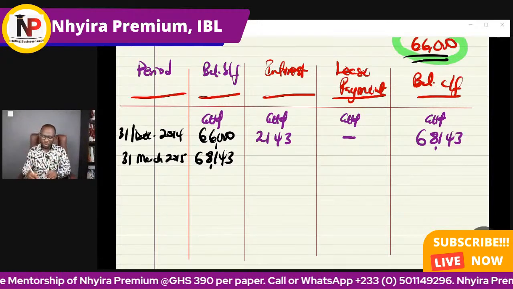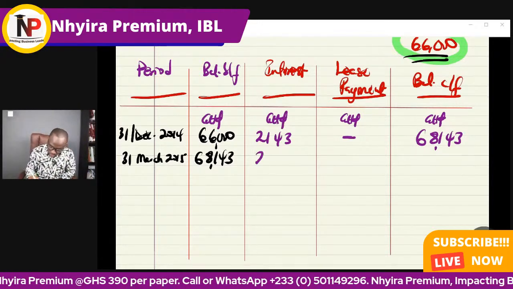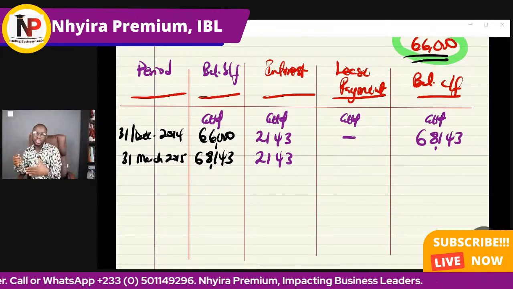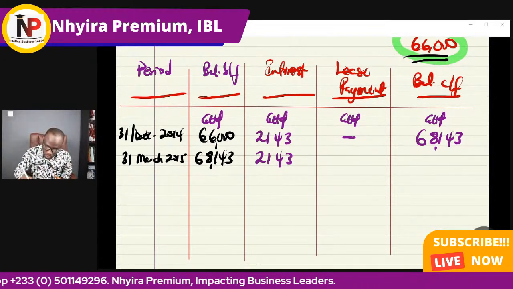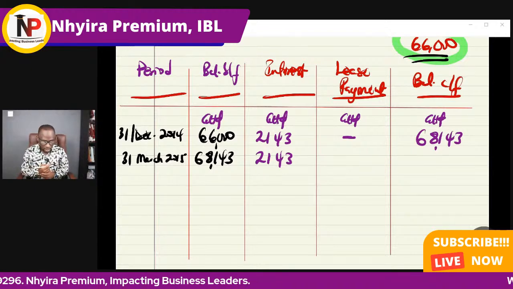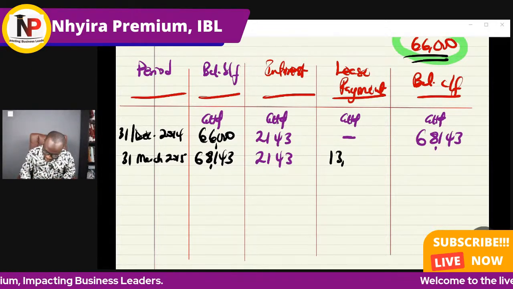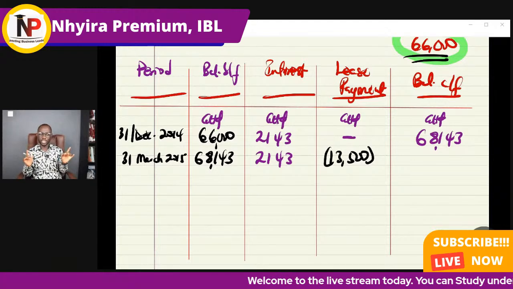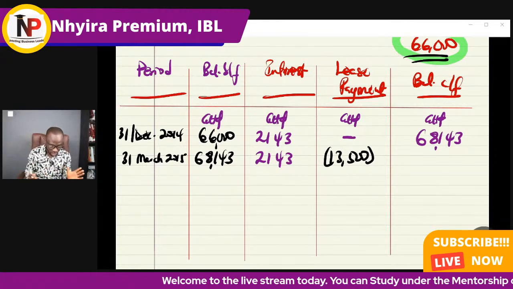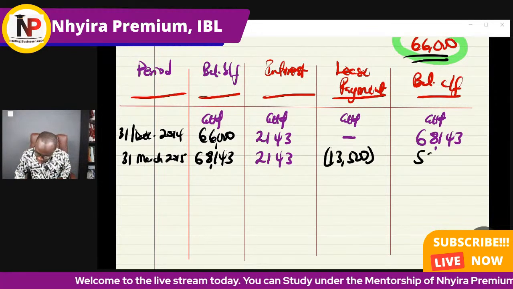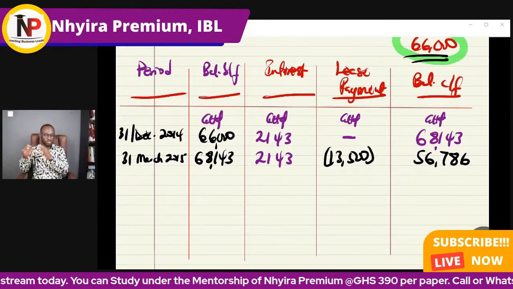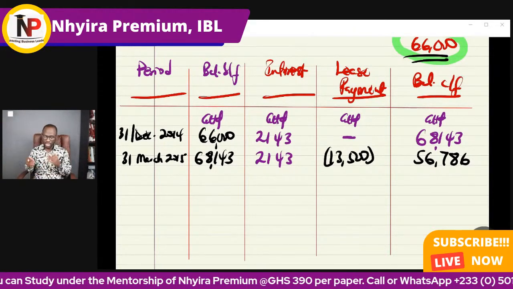The other half will have to come to the March period. So the other half is the 2143. But this time around, as at 31st March 2015, the entity will make a payment, and that payment is going to be the 13,500. I hope you're getting the picture here. So we add up arithmetically. That is going to give us 56,786.